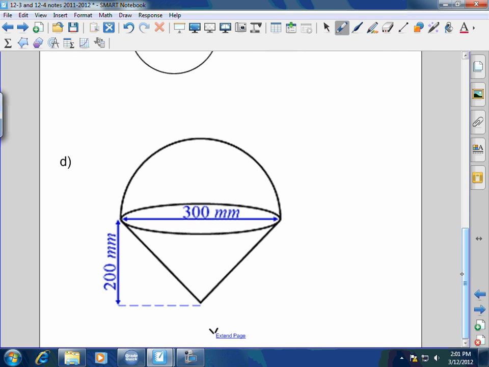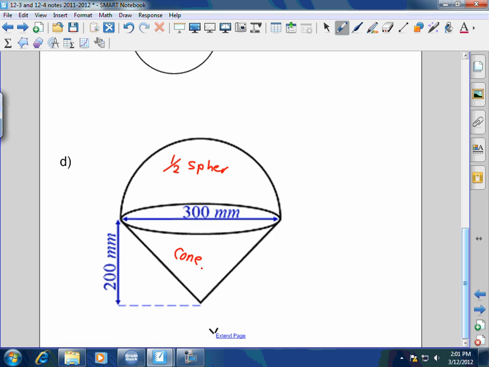I have, yeah, like an ice cream cone. I want to find the total area for this as well. Okay, so let's think about what this is made up of, guys. Thank you. You have a half a sphere, very good, and a cone. Now, thank you. That is thinking.